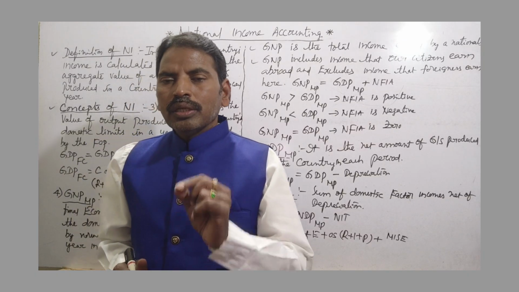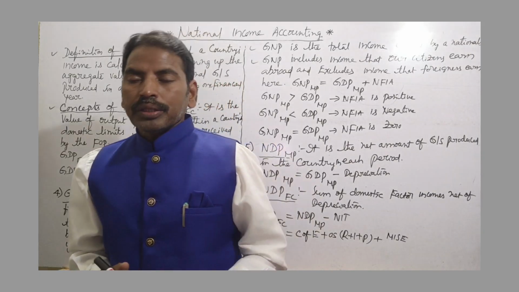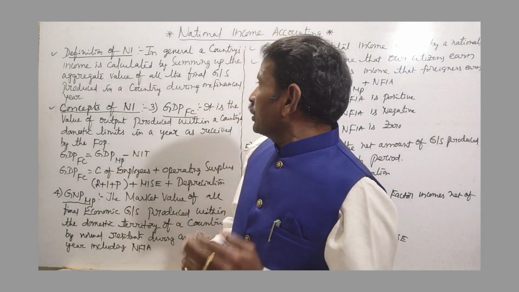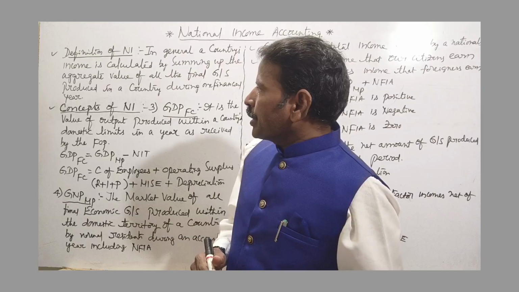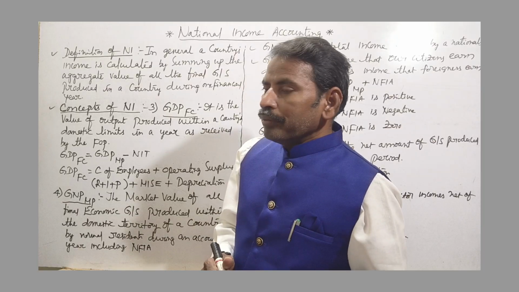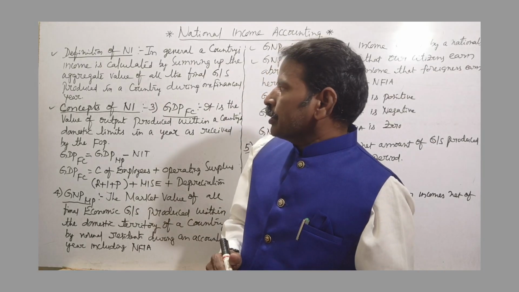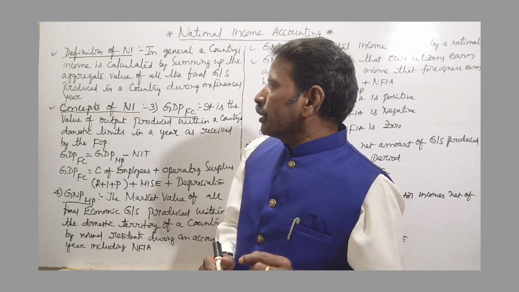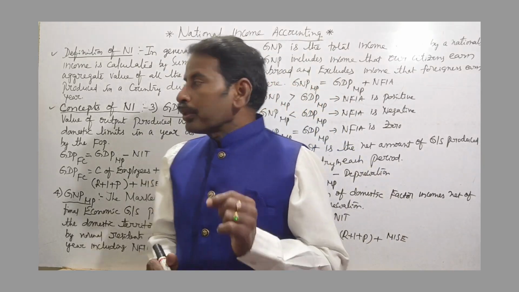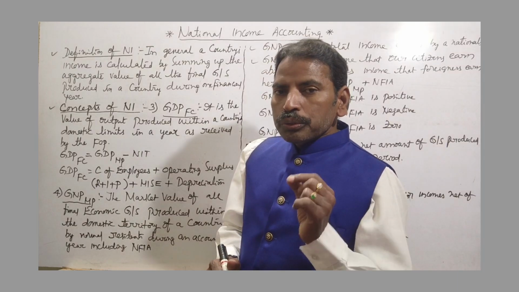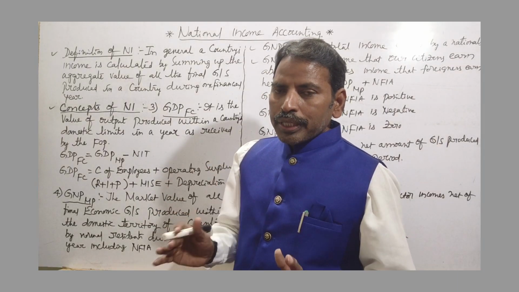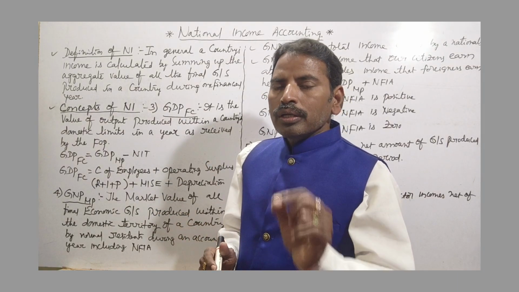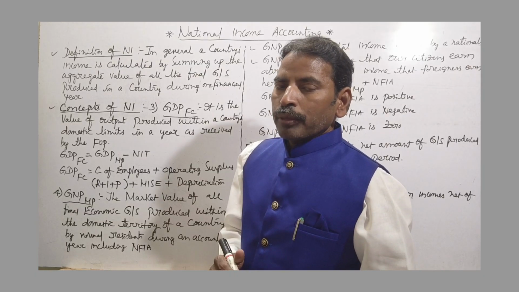In other words, a country's income is calculated by summing up the aggregate value of all the final goods and services produced in a country during one financial year, also called national income.